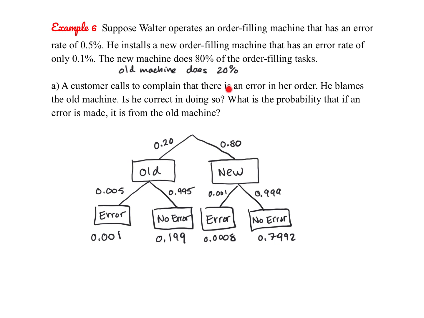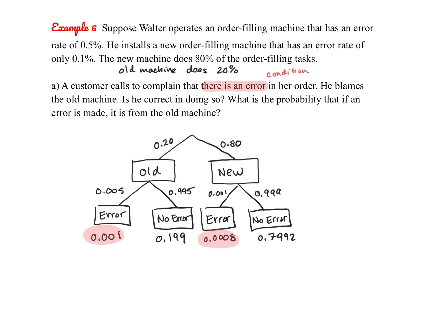Okay, so now let's go back to what they're asking. Again, the customer calls and complains that there is an error. So we know for a fact that there is an error, so I'm going to call this our condition. The condition is that there is an error, so I'll highlight those cases here and here. He blames the old machine. Is he correct in doing so?